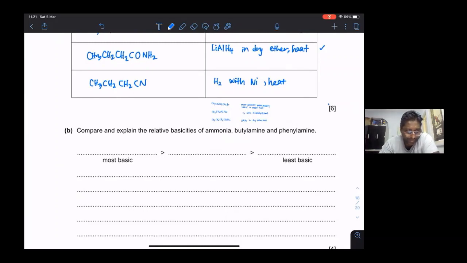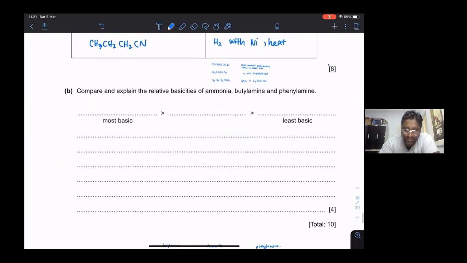Now the next part is compare and explain the relative basicity of ammonia.